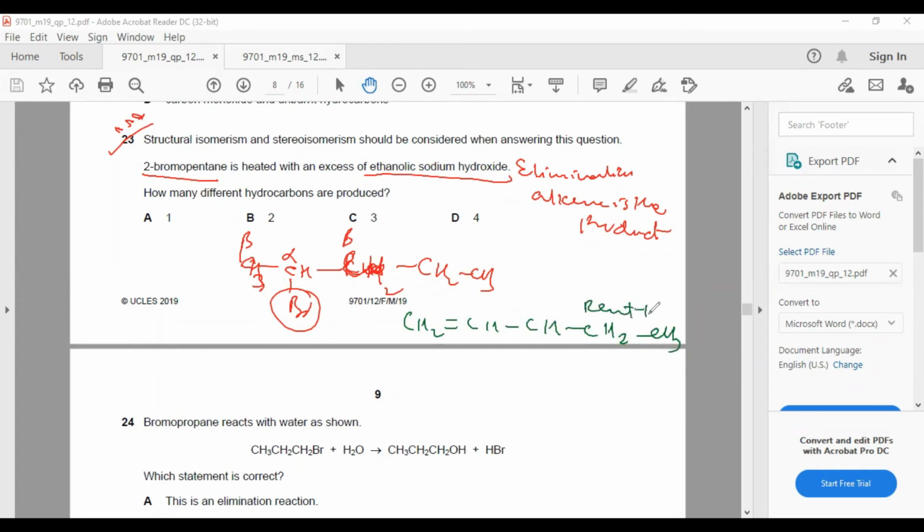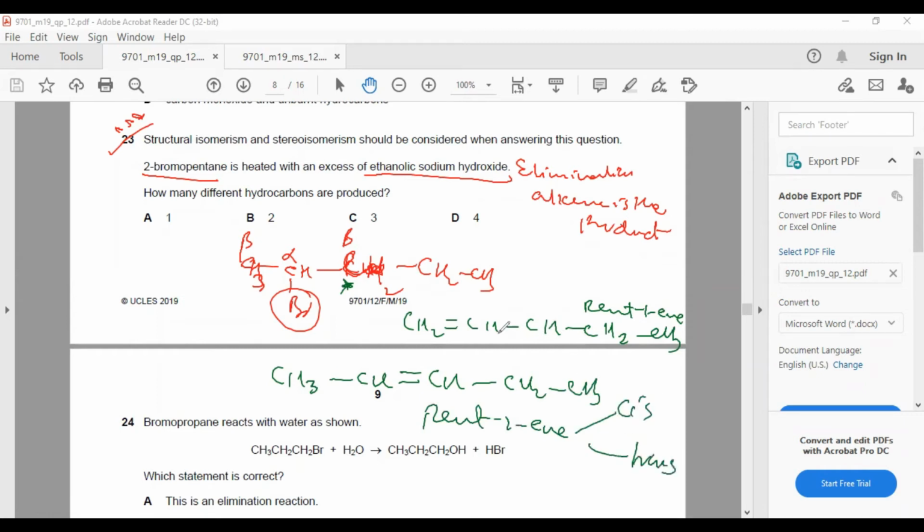If H is removed from the left side, this is pent-1-ene. If H is removed from here, the double bond is here, pent-2-ene. Pent-2-ene will have cis also, trans also. Pent-1-ene will not have cis trans because the double bond carbon has the same groups.